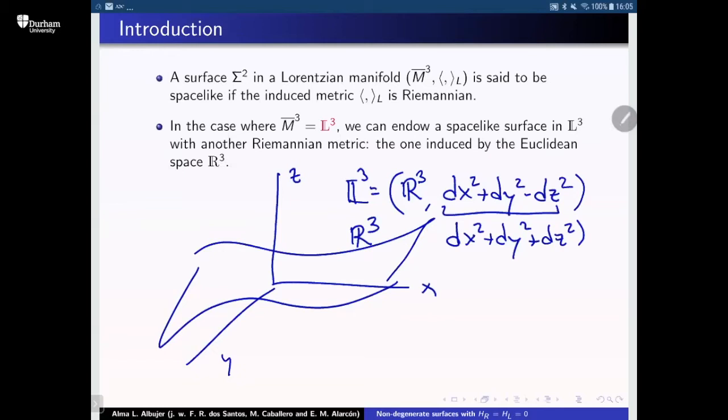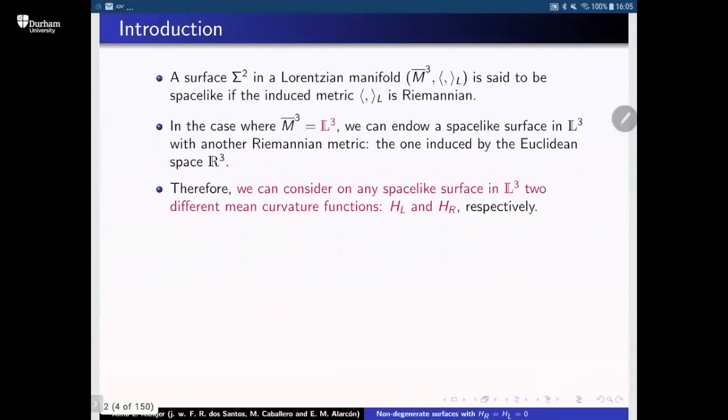We have two different metrics on the same topological surface, and so we have two different mean curvature functions. One is associated to the metric from the Euclidean space and one to the metric from the Lorentz-Minkowski space.